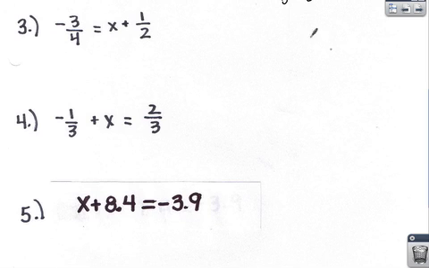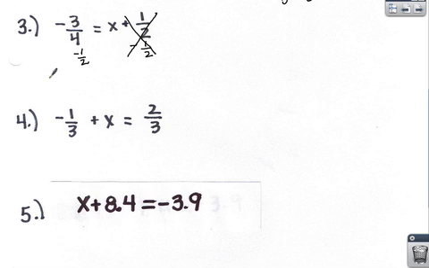Now number 3. I have x plus 1/2, which equals negative 3/4. So we are adding 1/2 to our x. The inverse would be to subtract both sides by 1/2. Positive 1/2 and negative 1/2 cancel. Now I have negative 3/4 minus 1/2 equals x.